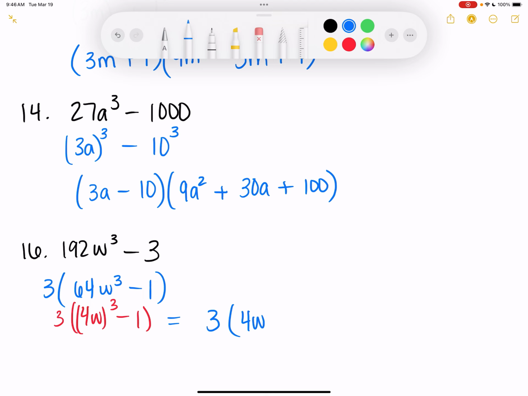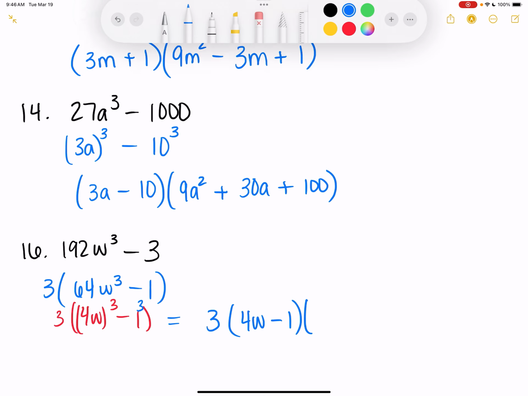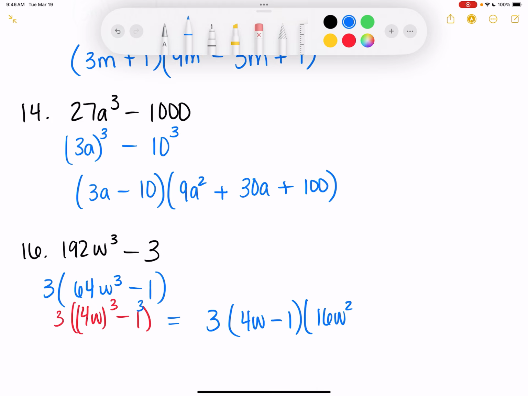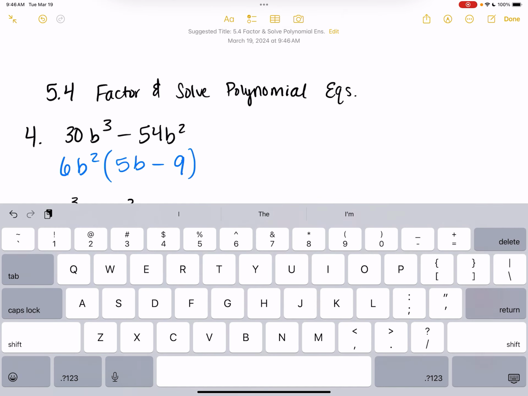So 4w minus 1. Okay, the first term is just a direct copy without the cube on it. Now the next term is what y'all have been trying to tell me. The first term squared, which is 16w squared.